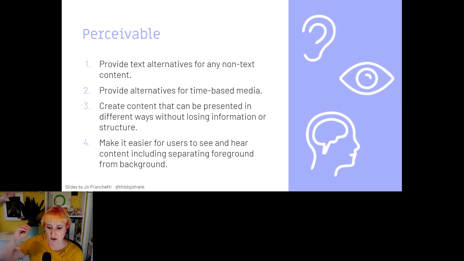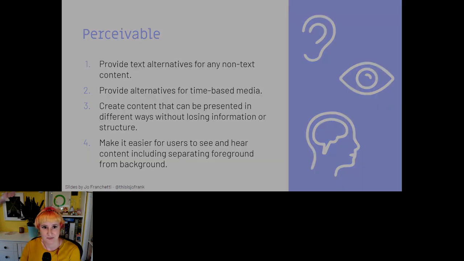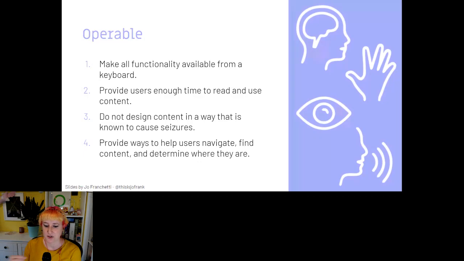So, we're not putting white text on a very light colored image, for example. If there's music playing on a website, this is everybody's pet peeve, make sure it's possible to turn that music off. And if we are putting graphics on a page, make sure we're putting nice descriptions of those graphics in as well.